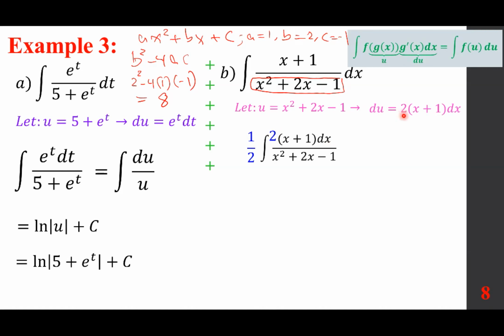So again, number 2 is missing here. When you compare, you can throw in number 2, and then its reciprocal. Because their product is 1, this is acceptable. And now you're looking at 1/2 the integral of du over u.